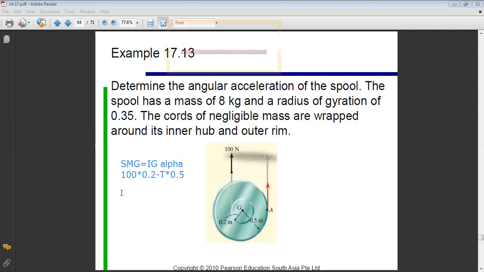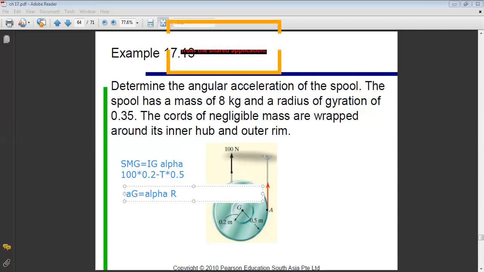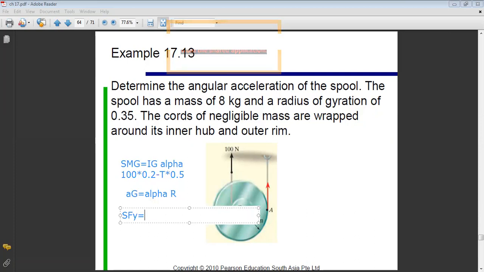Now, my second relation is AG equals alpha R. I now need a third relation because I have 3 unknowns: AG, alpha, and T. The third relation will be sum Fy equals MAG, because AGY is equal to AG.